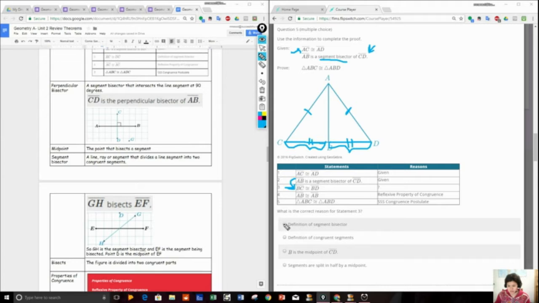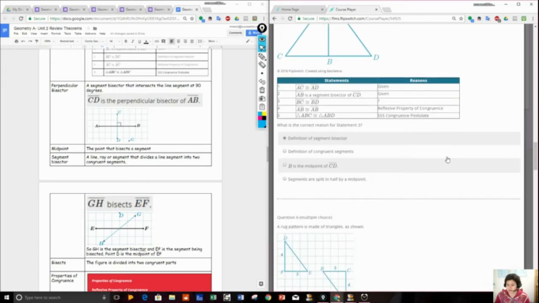So it's by the definition of segment bisector. That's how we concluded that BC was congruent to BD. Then the rest of the proof is filled in. That was the only one we needed to answer.